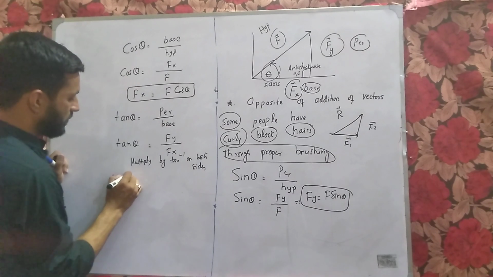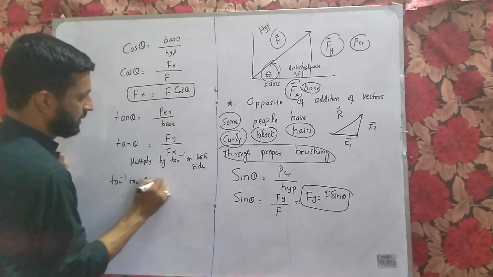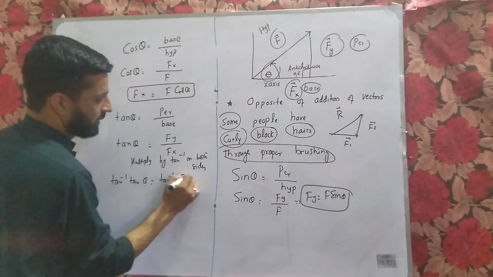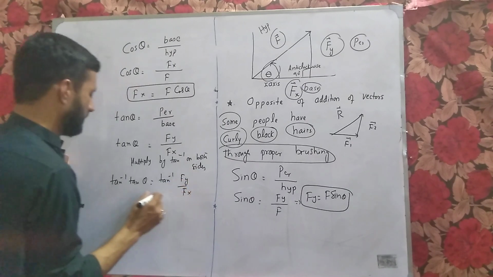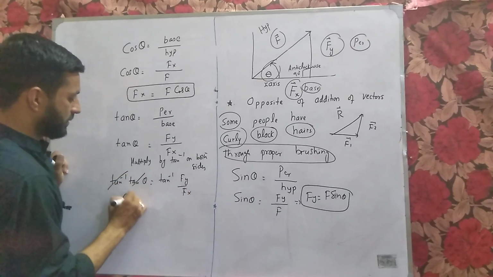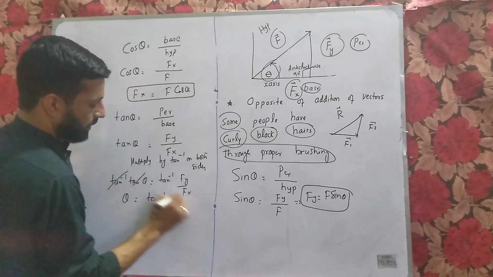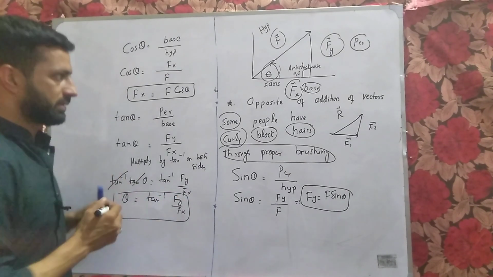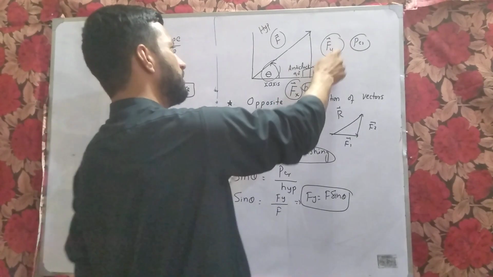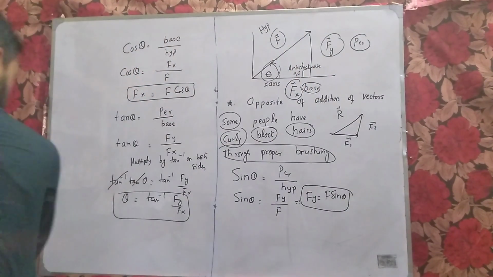So tangent inverse of tangent theta is theta, which is equal to tangent inverse of fy divided by fx. So fx is found, fy is found, and theta is found.